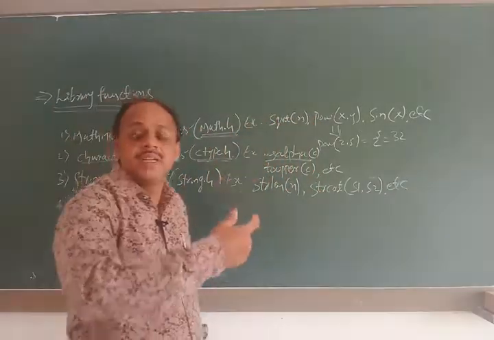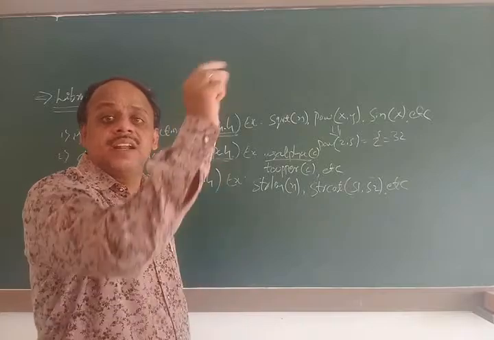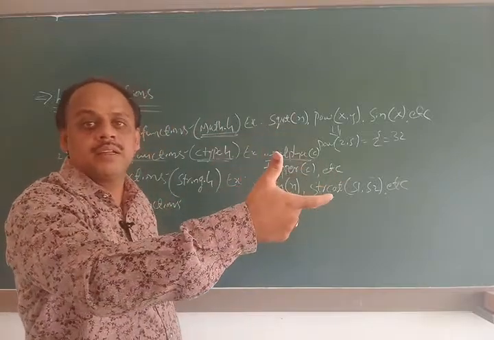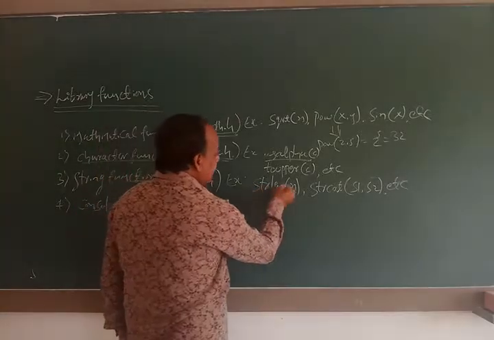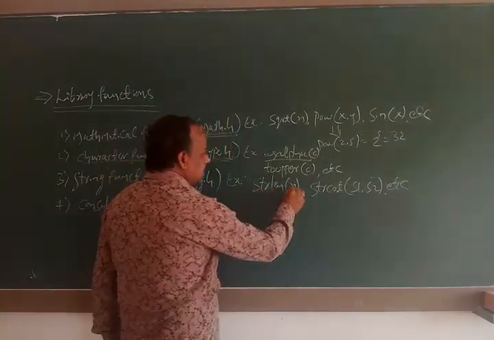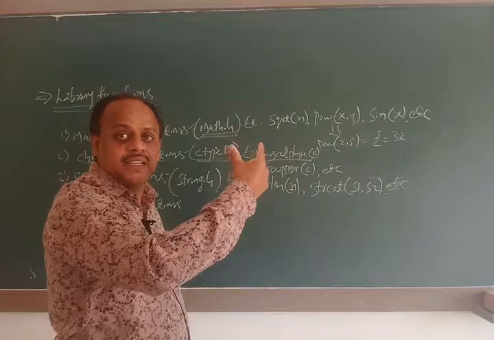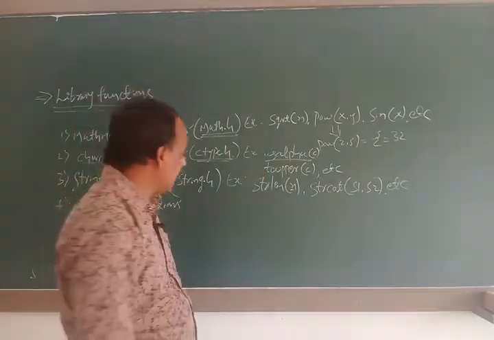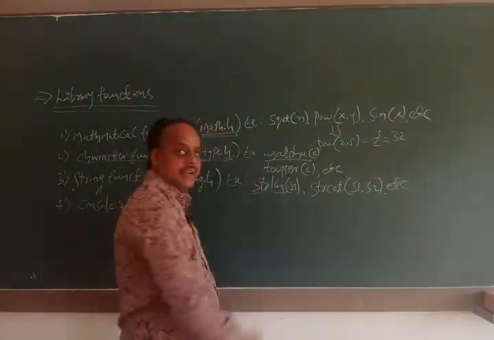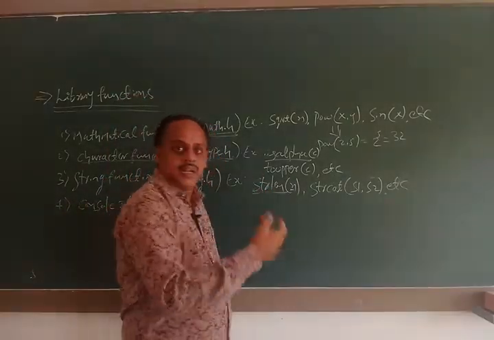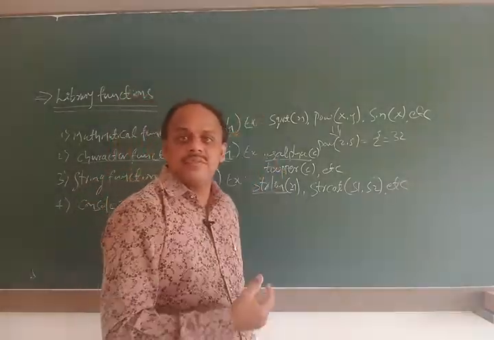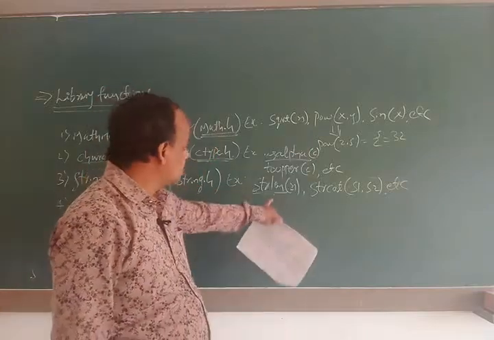A string is nothing but a sequence of characters enclosed in double quotes, right? So here strlen of n means this n is a string, and that string's length is found with the help of this predefined library function. strlen means a function to find the string length.